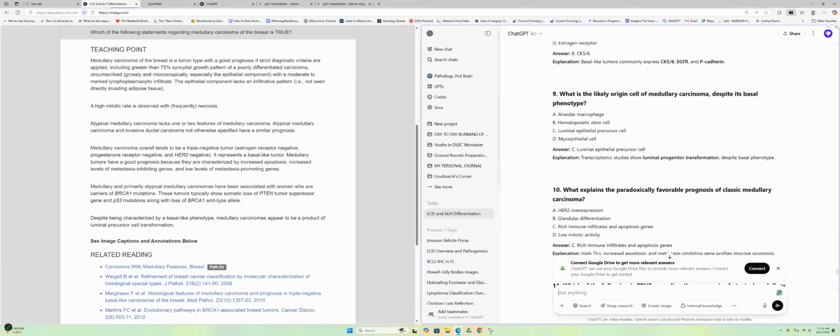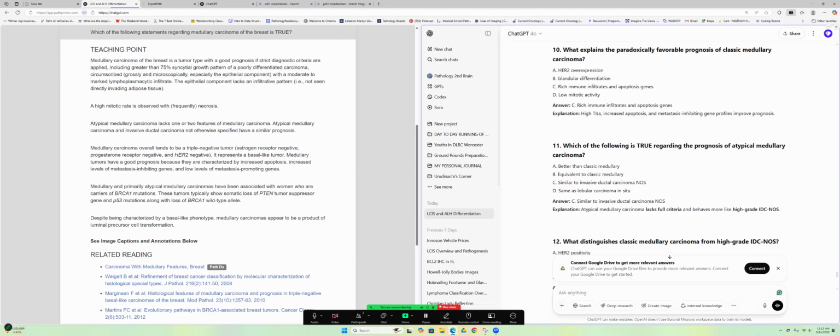Transcriptomic studies show luminal progenitor transformation despite basal phenotype. What explains the paradoxically favorable prognosis of classic medullary carcinoma? Rich immune infiltrate by tumor-infiltrating lymphocytes and apoptosis genes.